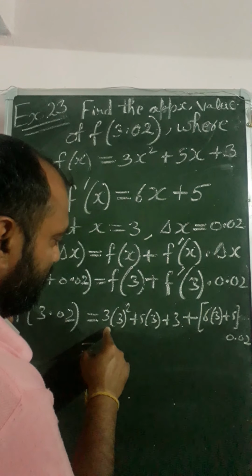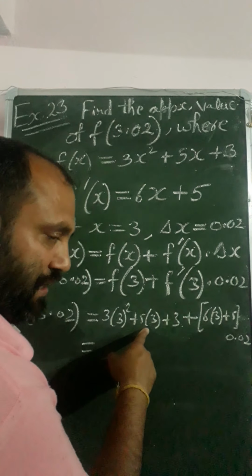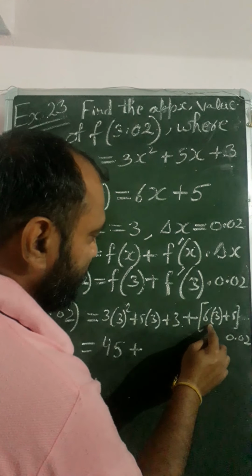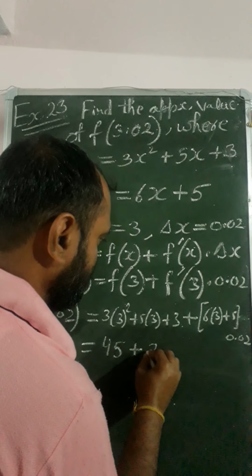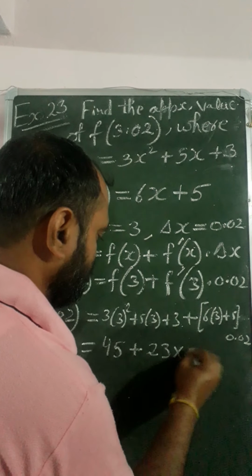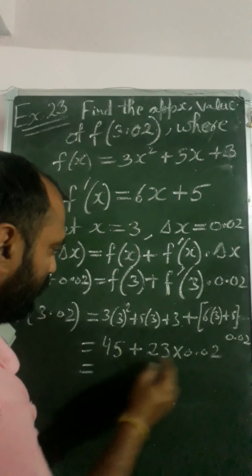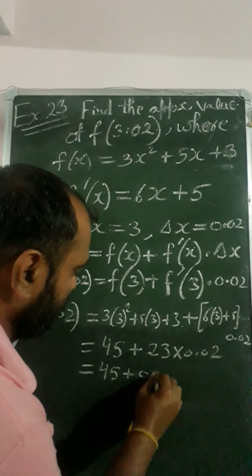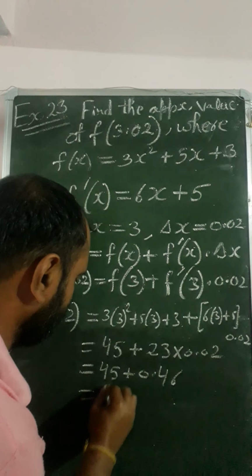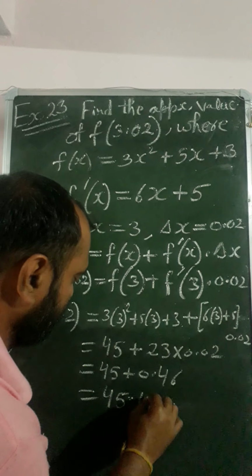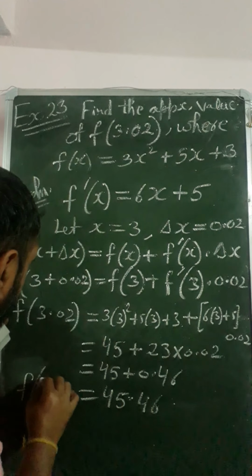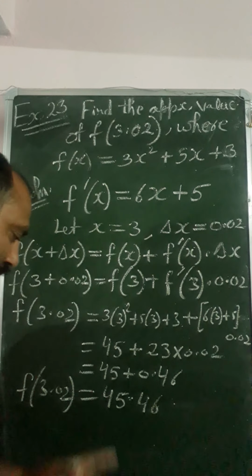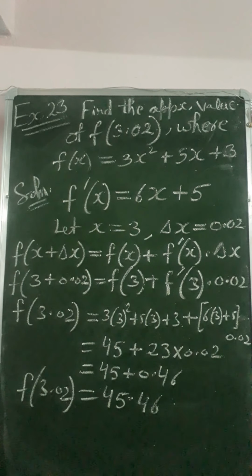This is 27 plus 3, 30. 30 plus 15, that is 45, plus 18 plus 5, it is 23 into 0.02. So when you multiply this, we get 0.46, and when we add this, we have 45.46. So this is the approximate value of f of 3.02, that is 45.46.